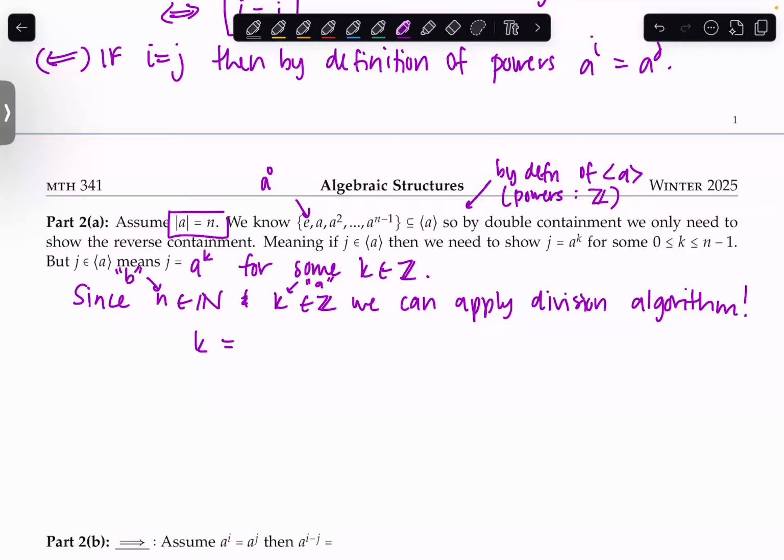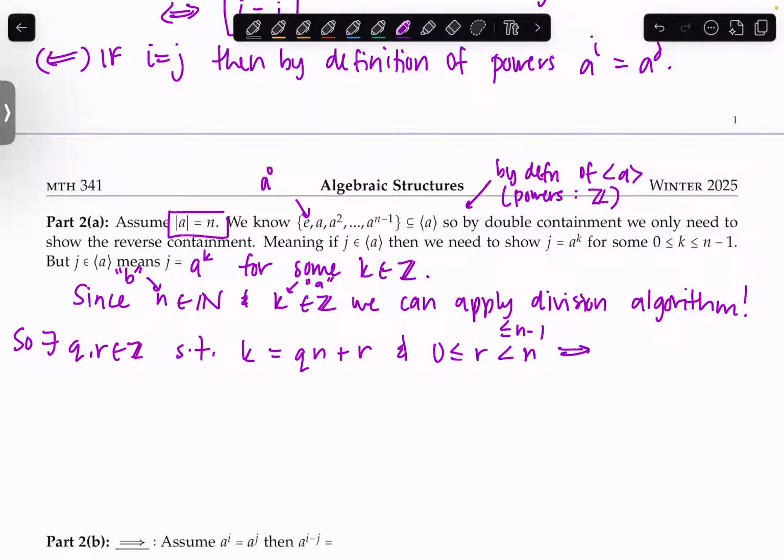So I'm going to be able to write it as k equal to some integer times n plus some other integer. So this is telling me I can find a q and an r in my integers so that I have this relationship. And what else do I know about my r? Yep, so I can say less than or equal to n minus 1 or strictly less than n. These mean the same thing since I'm working with integers.